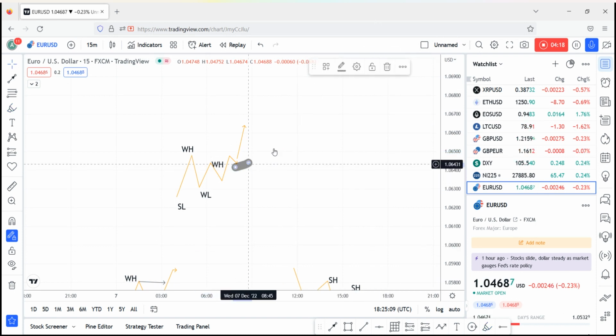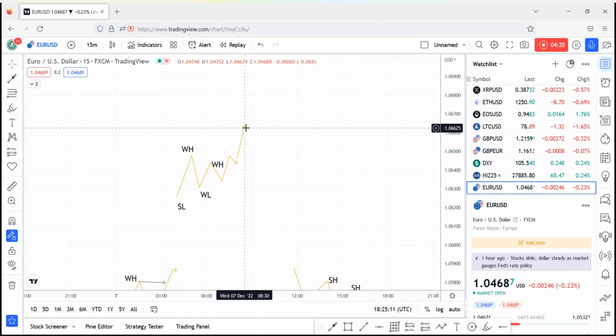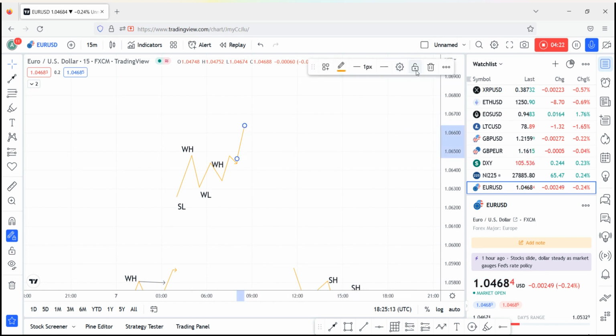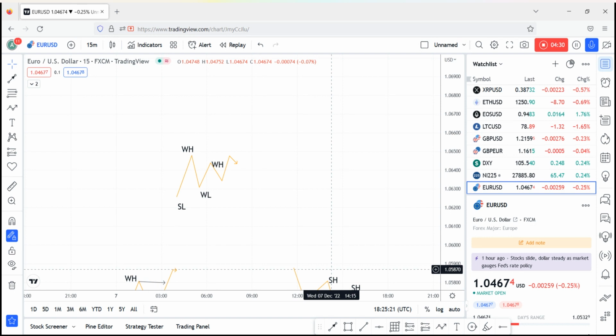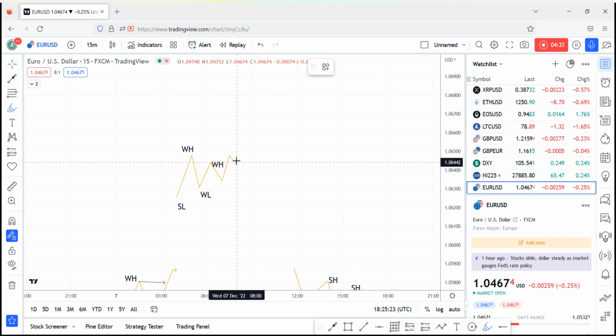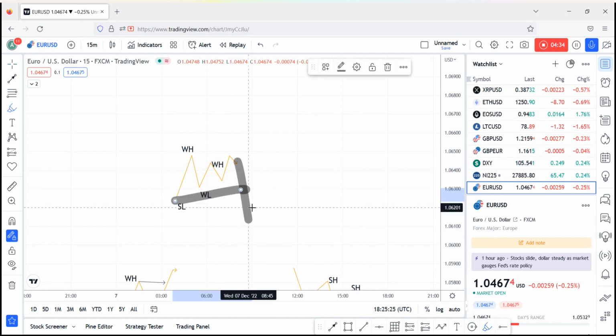And there is also another possibility. If price made a break of structure from here and broke the last strong low, it will be considered as a strong high, right? There are also possibilities.